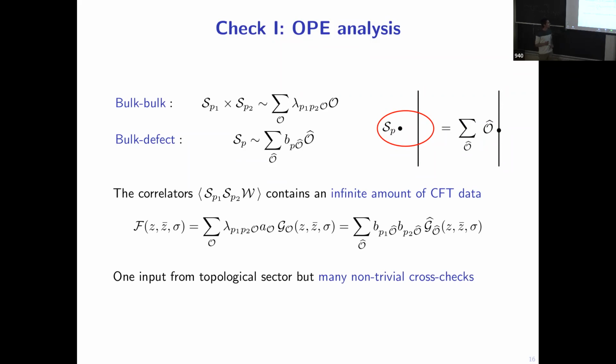And then we can extract some coefficients, which can be compared to localization. So the idea is that we had to use localization in the topological sector to fix the overall normalization. But it turns out that after we fix the overall normalization, you can extract several more protected quantities and they all agree.